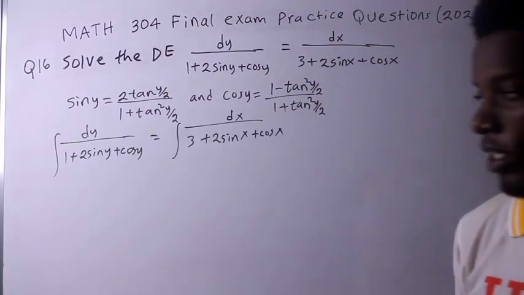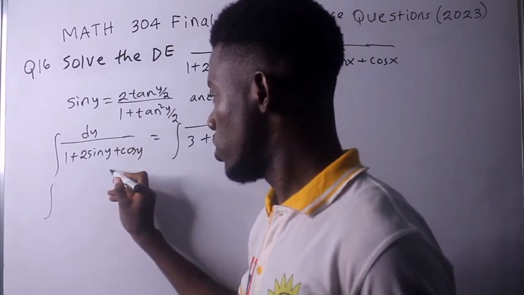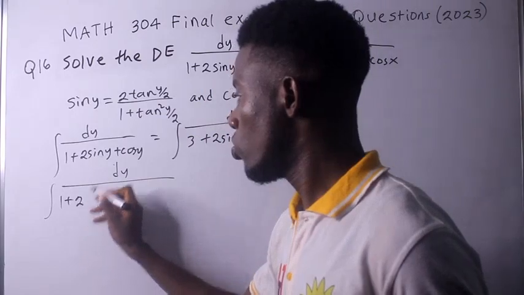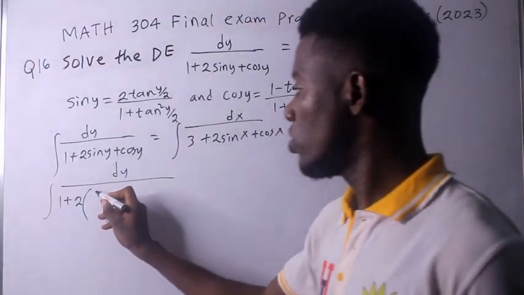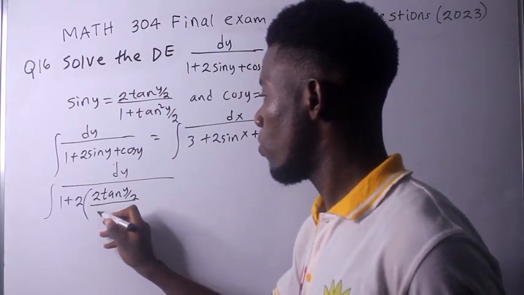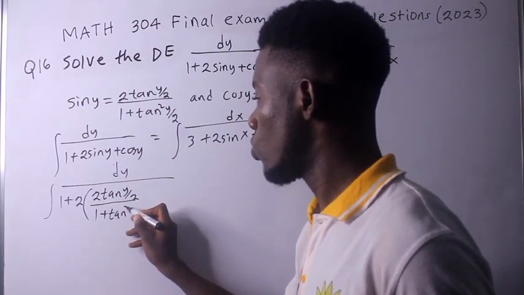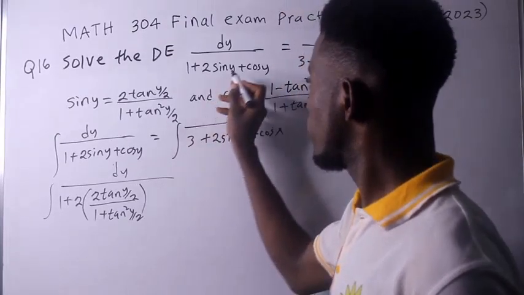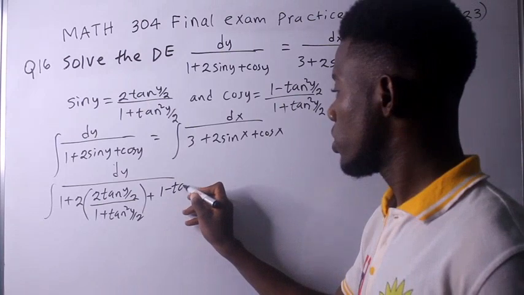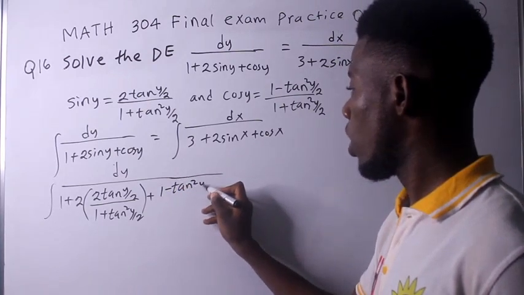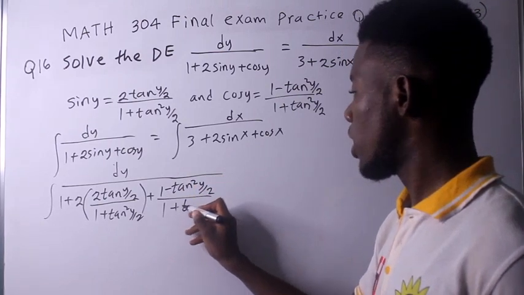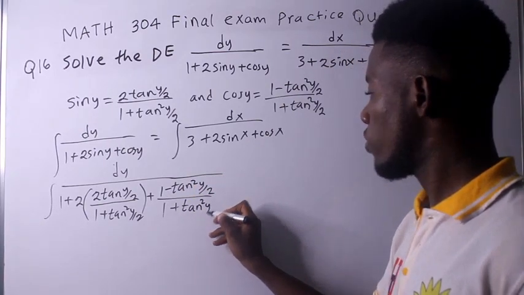We have the integral of dy all divided by 1 plus 2 times sin y, which is 2 tangent y over 2 all divided by 1 plus tangent square y over 2, plus cos y, which is 1 minus tangent square y over 2 all divided by 1 plus tangent square y over 2.